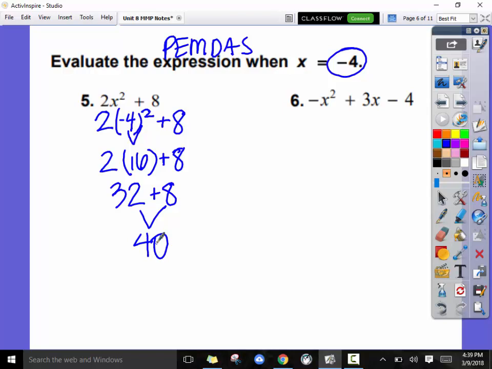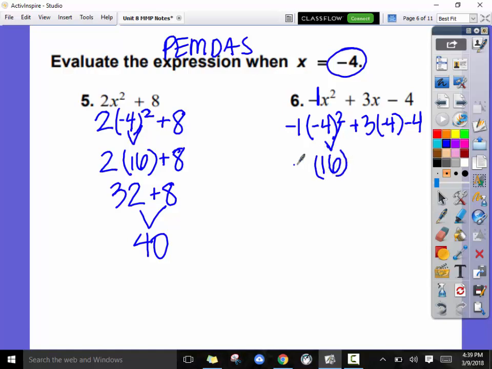Next one, I have -x squared plus 3x minus 4. I'm going to put a 1 in there because that's really going to help me know how to evaluate the x squared. So I have -1 times -4 squared plus 3 times -4 minus 4. Again, order of operations says I need to evaluate -4 squared first. So -4 times -4 is again +16.